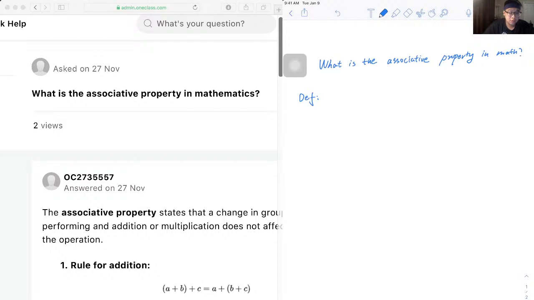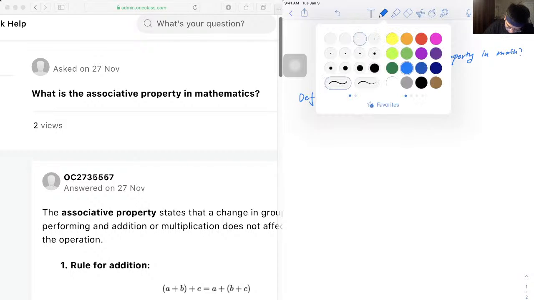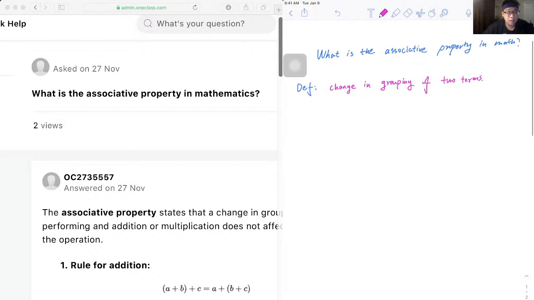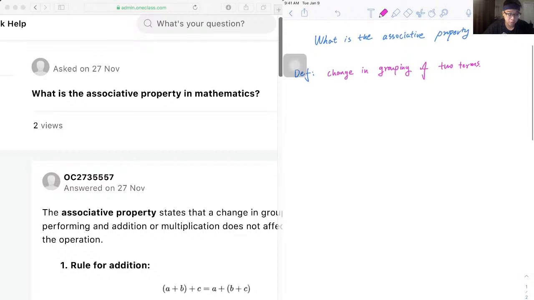So the associative property states that a change in grouping of two terms. Okay, so let's write the keyword down. So it is a change in grouping of two terms, and performing addition or multiplication doesn't affect the end result of the operation.